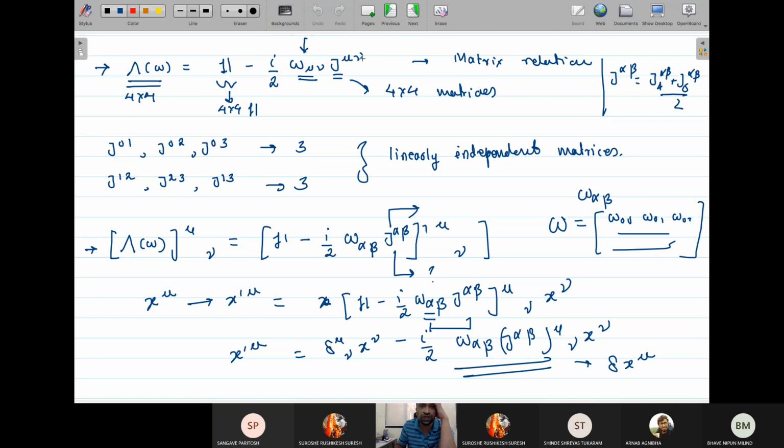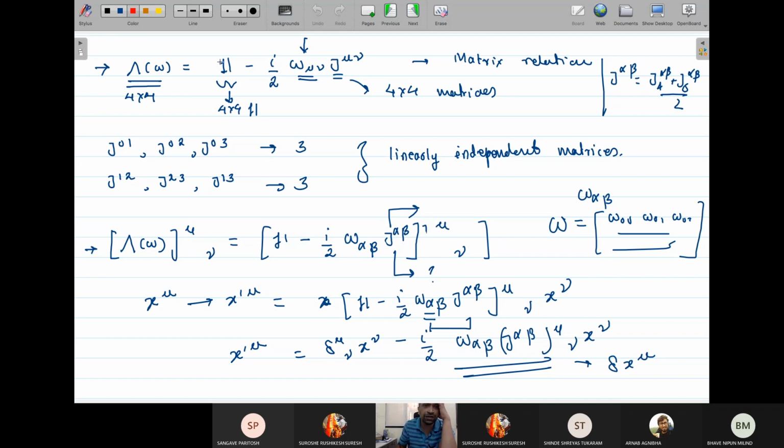For each mu and for each nu, this J mu nu represents a matrix. So this is a 4 cross 4 matrix. We are still in the coordinate representation; we have not gone into field representation or state representation.